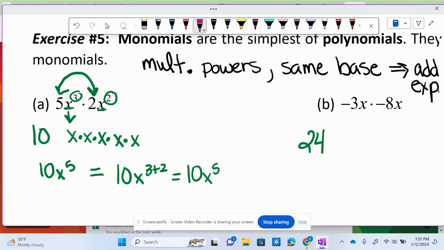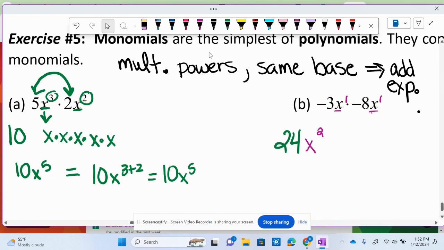Remember that if there's no exponent on the variable, it's what power? 1. Good job. So that's why that rule works. 1 plus 1 is 2. Do you guys remember that? Y'all feel good about that?